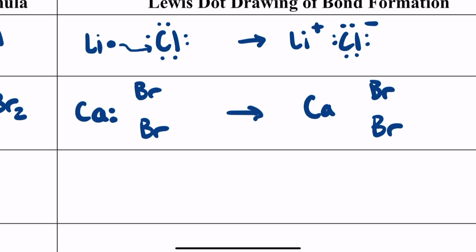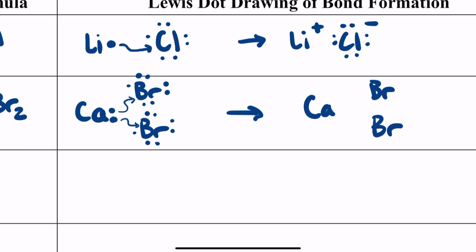And I know bromine is in column 7A, so it's probably going to have 7 dots around it each. And I like to leave the blank spot on the left side here, because I know that this calcium is going to donate this electron to the bromine. Each bromine only really wants 1 electron, so notice here that I just show that calcium is going to give 1 electron to the first bromine and 1 electron to the second bromine down there.